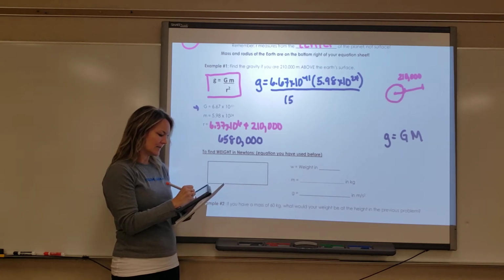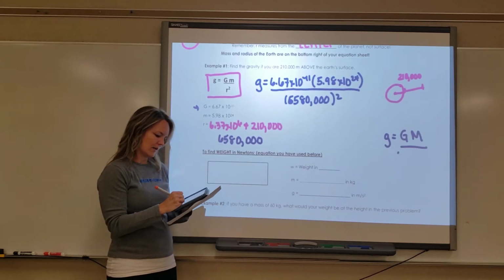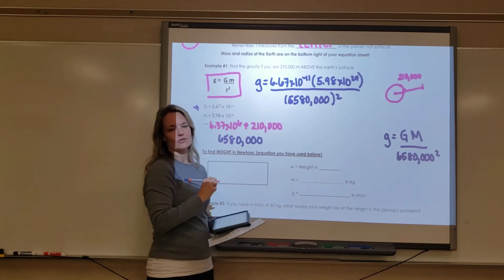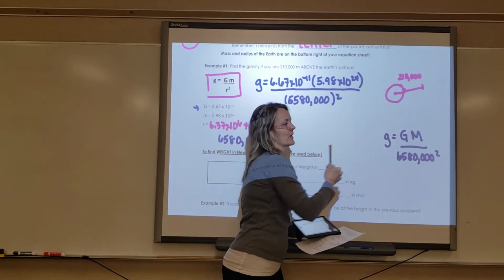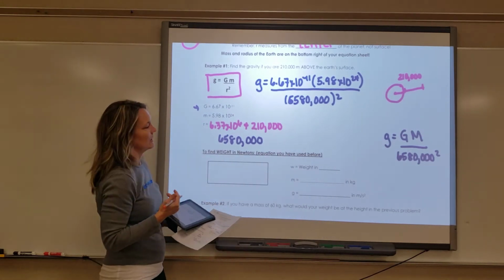So on the bottom, I have 658,000, and I need to square that number here as well, 658,000 squared. I try to write it out like this just so you can follow along more easily, but once again, you can abbreviate it instead of writing out the numbers because you have them stored in your calculator.